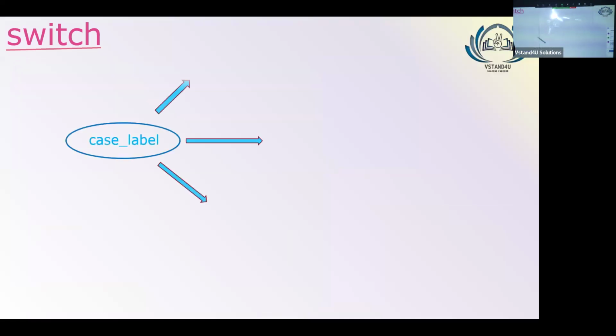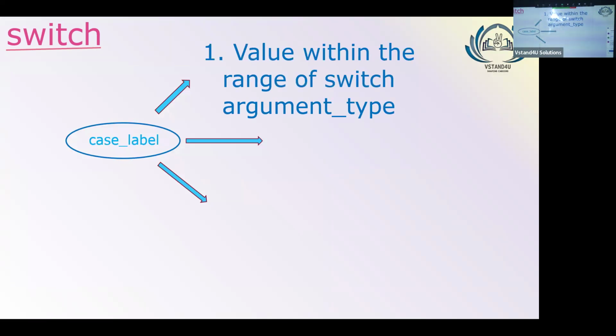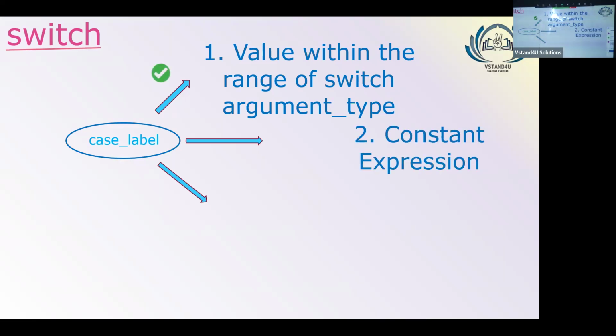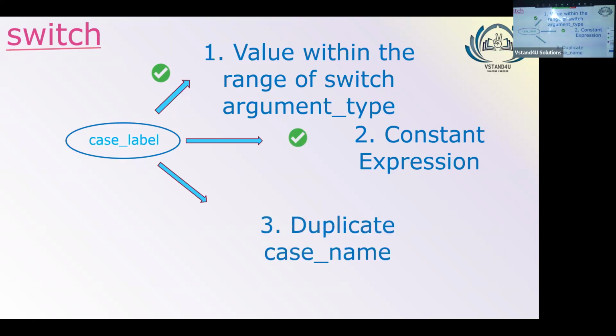Because of duplicate case. Three most important things about the case labels. Case labels, you understand? Okay. First thing: whatever value you are giving, that must be within the range. Whether it is positive range or negative range, it should be in the range, then it's applicable. Agree? Second, it must be a constant expression, then only it will work. A case label cannot be a variable value. It must be a constant expression and also should not be a duplicate value. Not allowed. Agree? Make a note of it quickly.